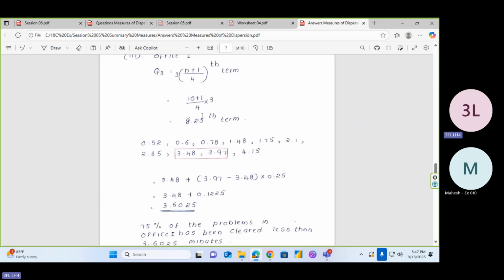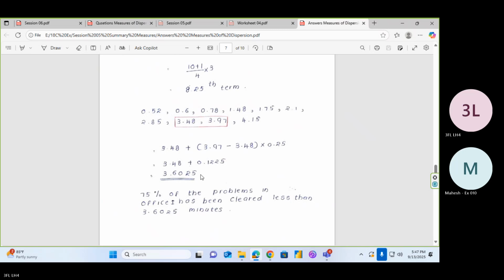Then for office 1, what are the 8th and 9th terms? Here 3.97 minus 3.84 into 0.25. And what is the answer for office 1? 3.6025.